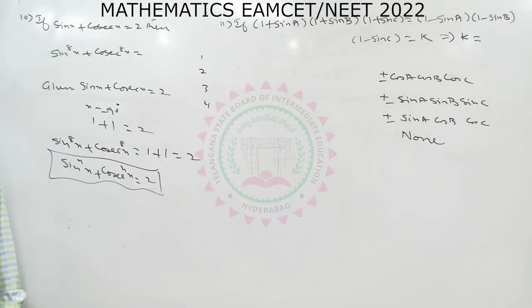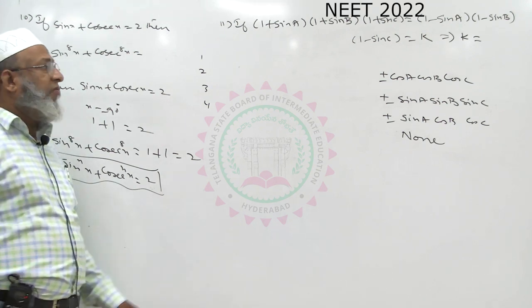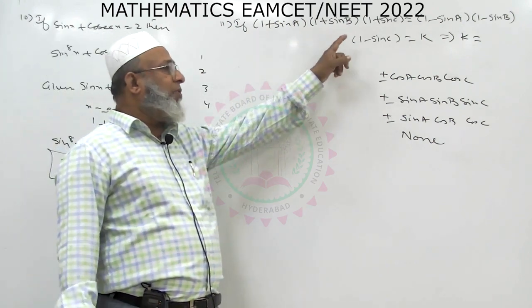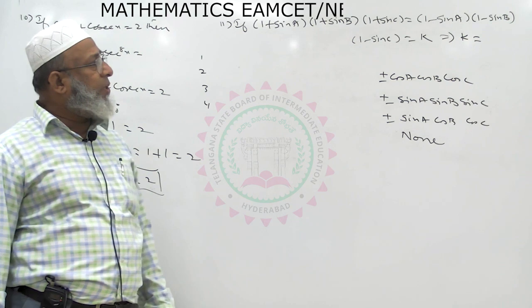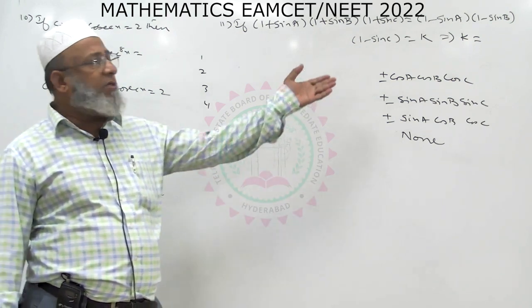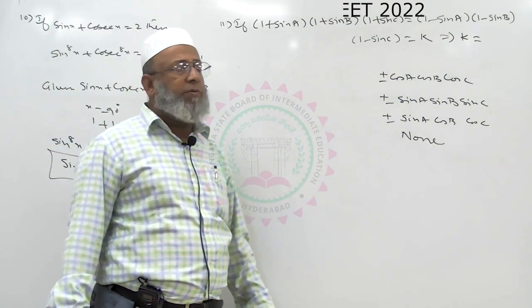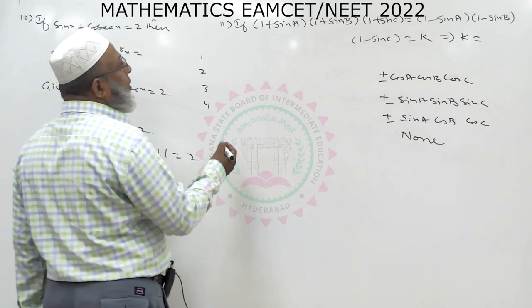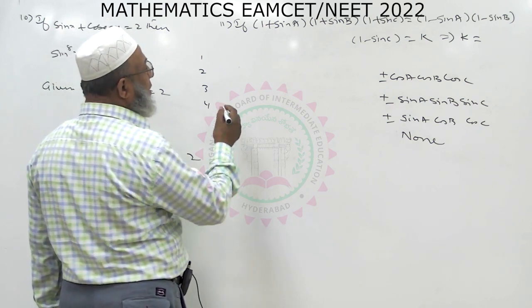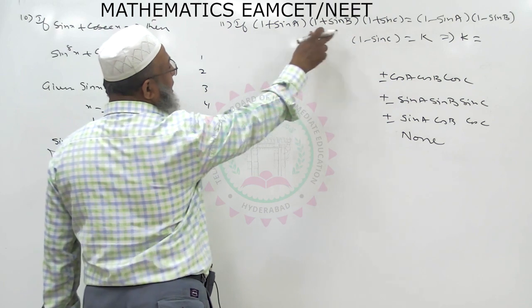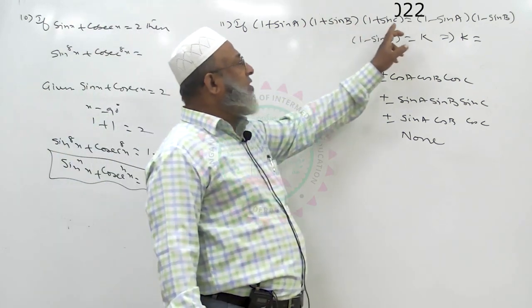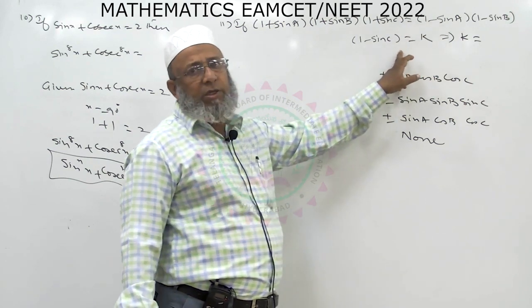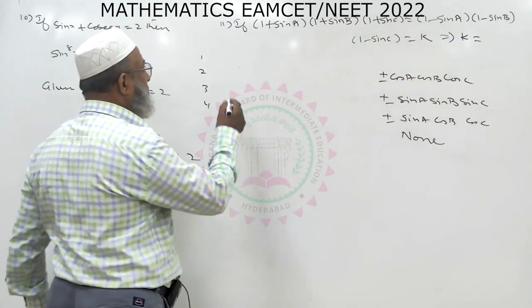Right? So what is given? 1 plus sin A into 1 plus sin B into 1 plus sin C is equal to 1 minus sin A into 1 minus sin B into 1 minus sin C, which is equal to K. Then we have to find the value of K. So what I am doing, 1 plus sin A into 1 minus sin A, because this is equivalent to this, so I am multiplying both of them.